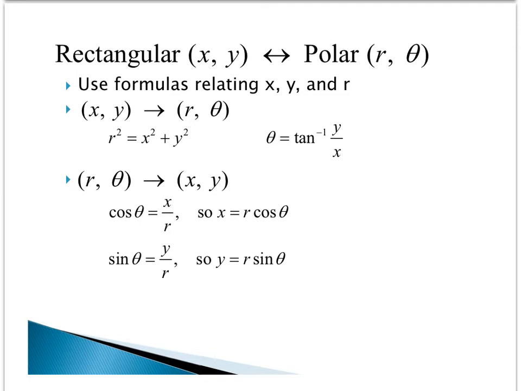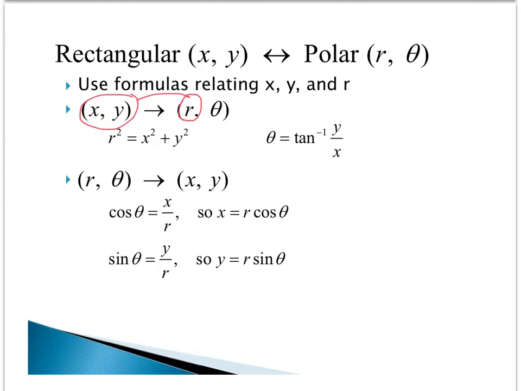Let's start by learning about the different kinds of formulas that we will use to go back and forth. We learned earlier in trig that r squared is equal to x squared plus y squared, and this is how we are going to take a rectangular point, (x, y), and find the r value for the (r, theta). We also know, with our basic right triangle trig, that any angle theta can be found by doing tan inverse of y over x.